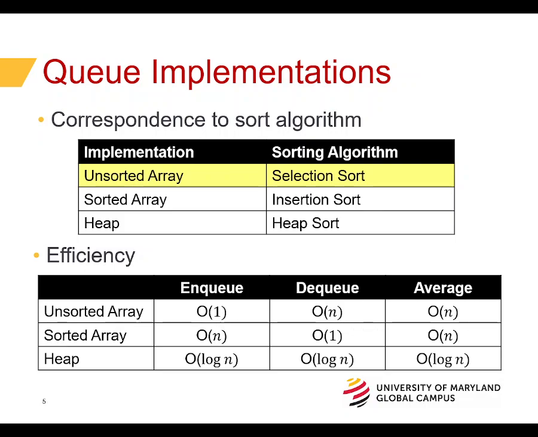In a selection sort, the smallest element is repeatedly selected and swapped with the next element of the list. Using the sorted array queue would produce a sort very similar to an insertion sort. With an insertion sort, each element is repeatedly inserted into its proper position. Finally, and not surprisingly, using the heap queue produces a sort similar to the heap sort.